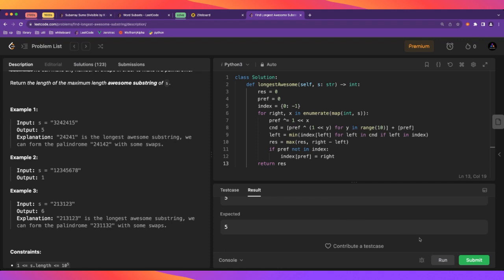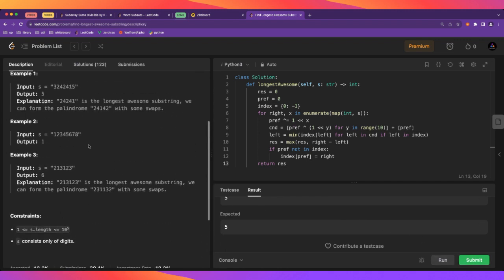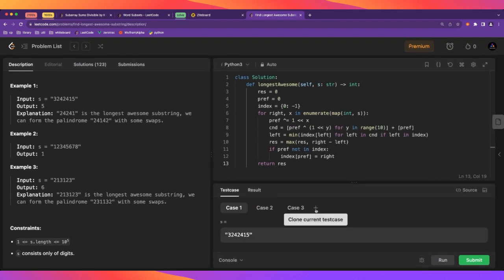It passes the examples. And is there any special case? What about if it's only one digit? Does it matter? Let's see.